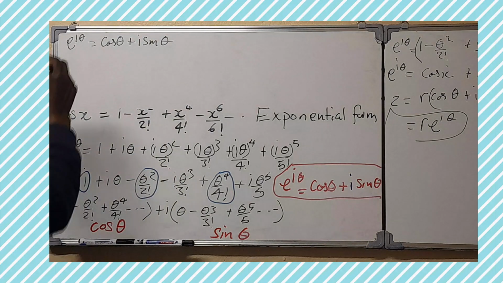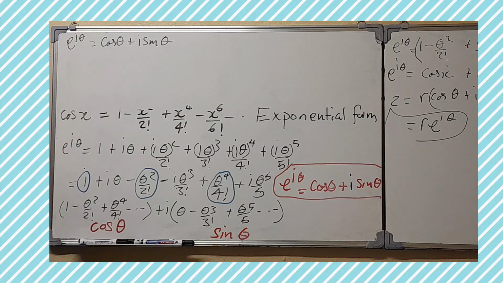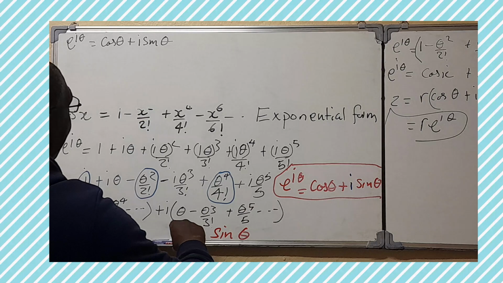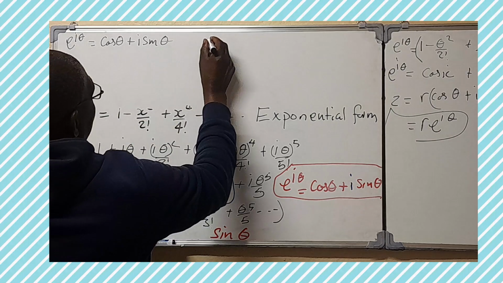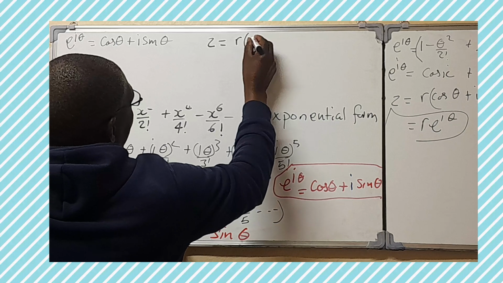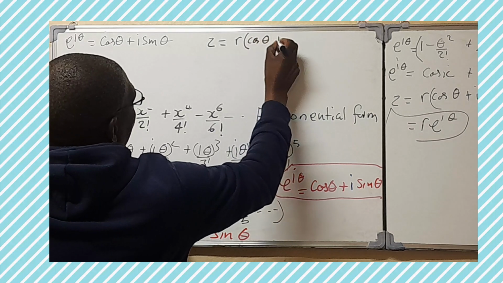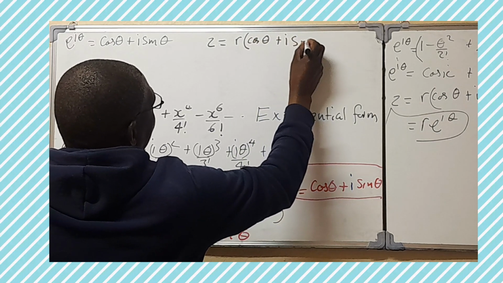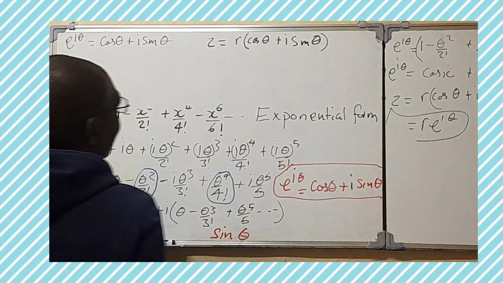But we know that a complex number, from our previous video, a complex number z can be expressed in polar form as r brackets cosine of theta plus i sine of theta.